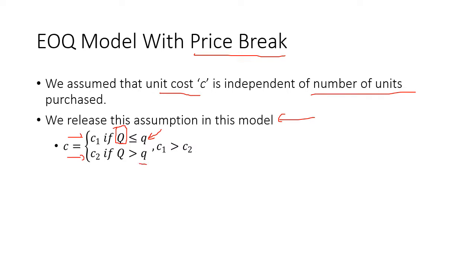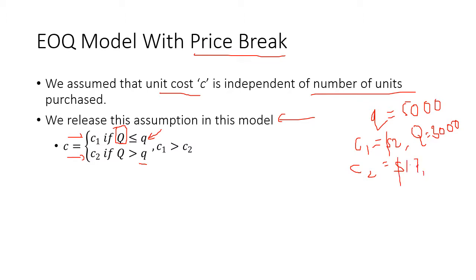As an example, let's say that if small q is 5000 units, then we will be charged C1, let's say $2, if we place an order for maybe 3000 units, and we will be charged a unit cost C2 equal to, let's say, 1.7 if we place an order greater than 5000, or maybe, for example, 7000 units. So this is the meaning of this mathematical expression.